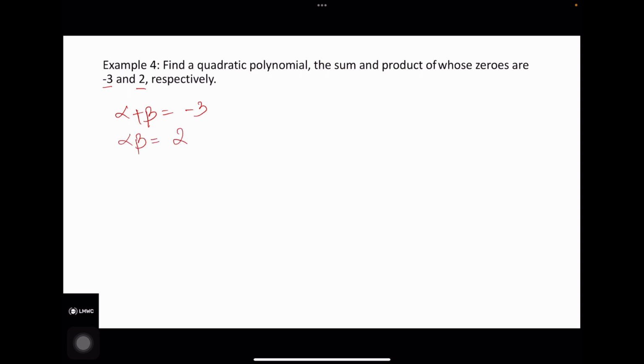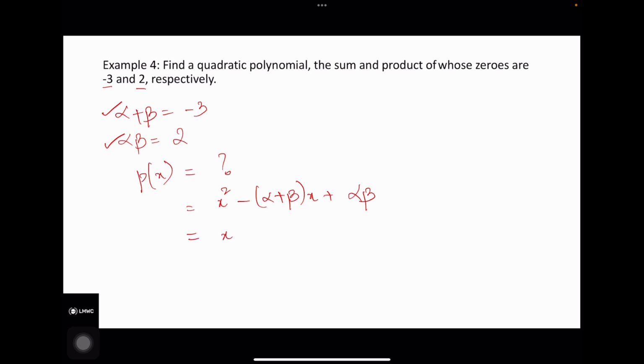And we are asked to find a quadratic polynomial. So for that, we have a formula which is x squared minus (alpha plus beta) times x plus alpha beta. So we are just going to substitute the alpha plus beta and alpha into beta as the givens, which are minus 3 and 2 respectively.